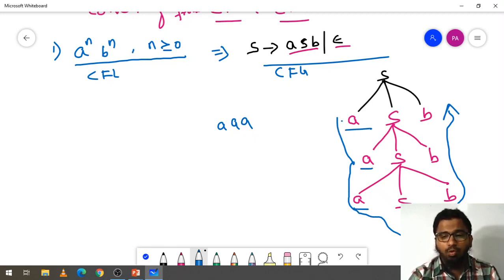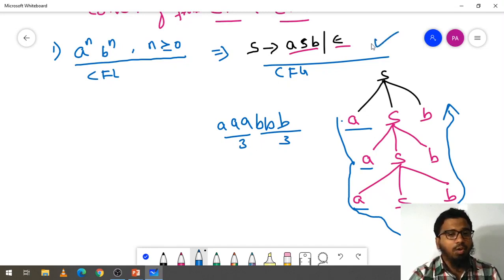Epsilon we do not need to take. Next b, b, b. Now check it, here 3 and here also 3. Equal number of a's and b's. So this is the grammar we generated. Okay, this is the correct one.